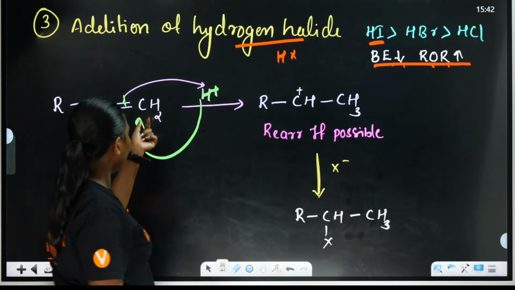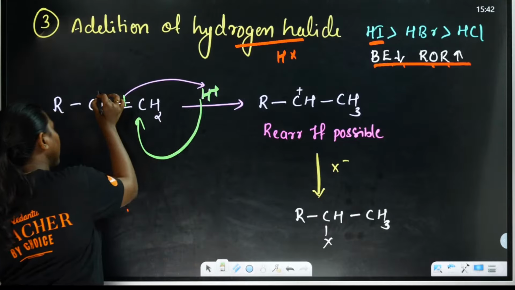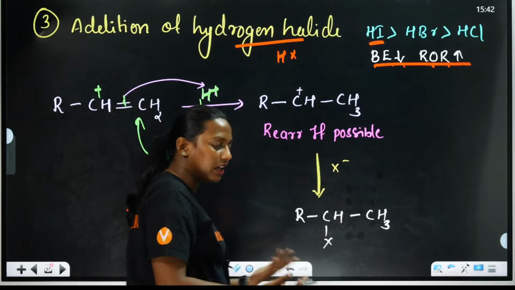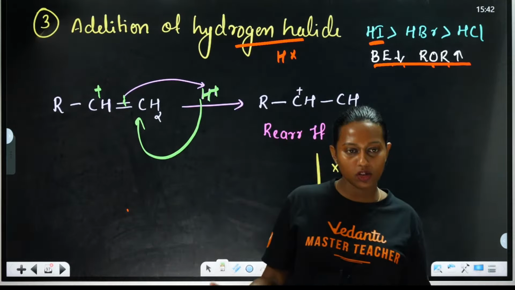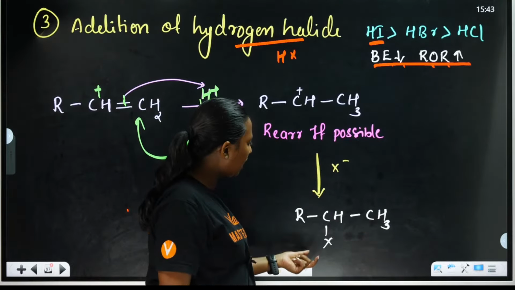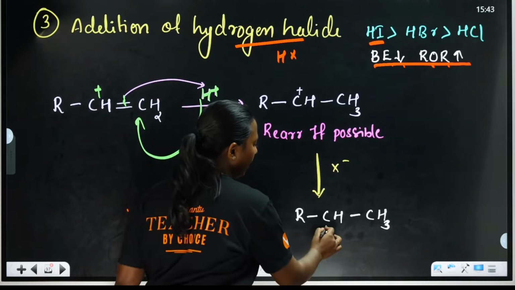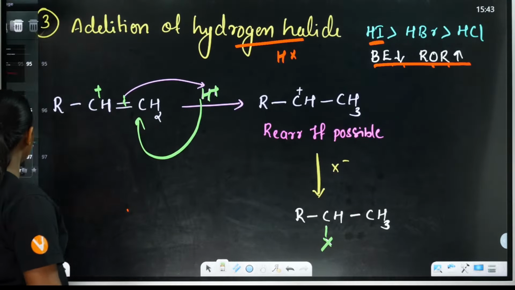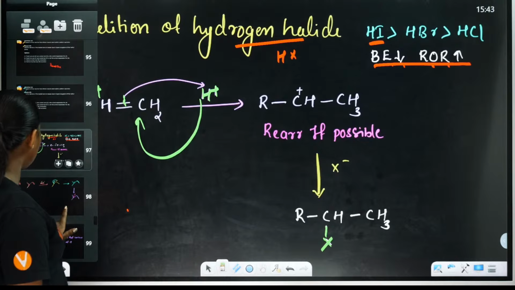It will form CH3 and here you can see a carbocation. If rearrangement is possible, rearrangement will happen. Then the halogen will attach here. I will tell you some important points from this reaction.